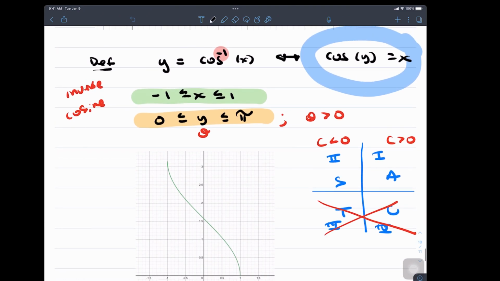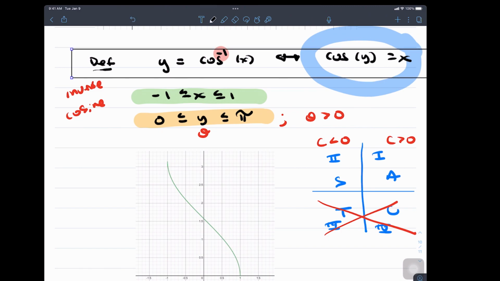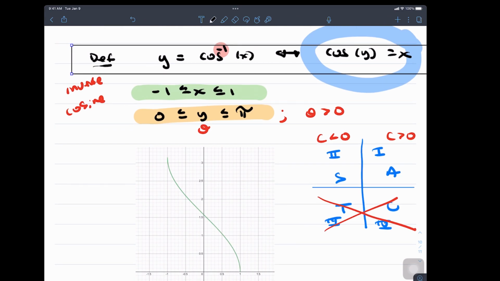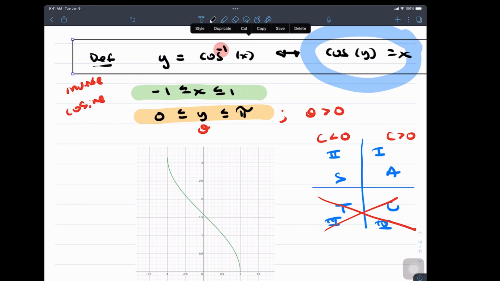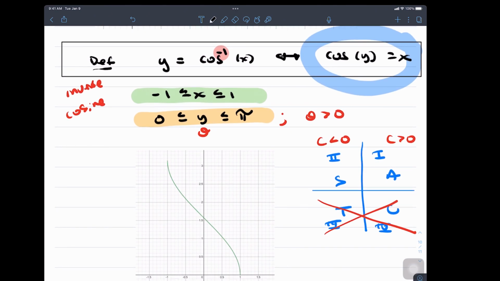This here, I would say to you, if I can get my Apple Pencil to wake up even. Okay, so you guys have this here, right? So this is like the definition.